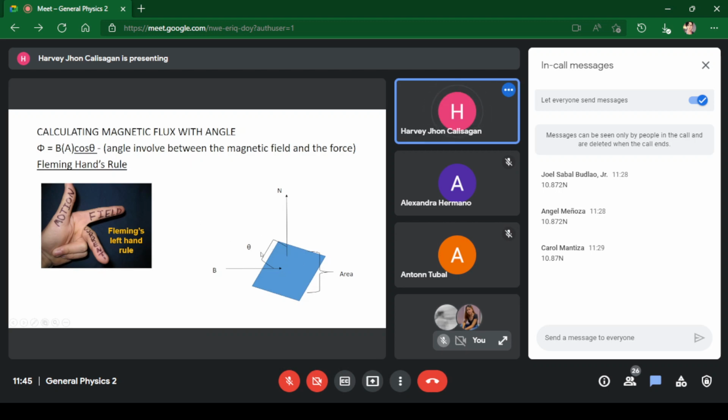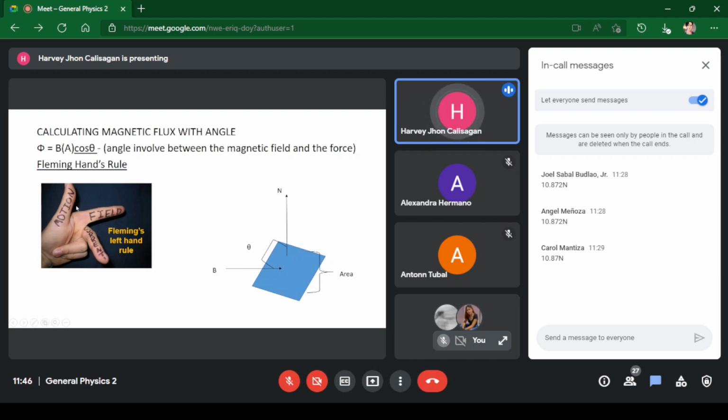So the current now is flowing outside the area. So let's say that the area here has an angle formed. What is its direction? So we have here the magnetic flux equals the magnetic field times the area and the cosine theta. The angle involved between the magnetic field and the force. So for example, this is the current that is flowing outside the area.